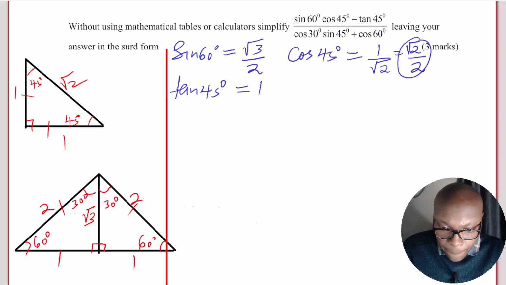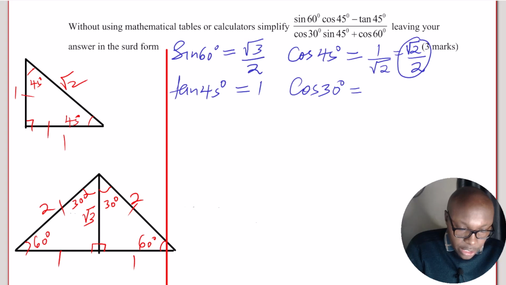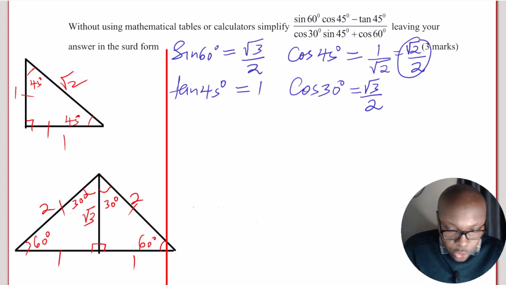The other one that we've not done is cosine of 30. We can use any of these two angles that measure 30 in the second triangle. So cosine is the adjacent side, which is root 3, divided by the hypotenuse, which is 2. Then we have sine of 45.